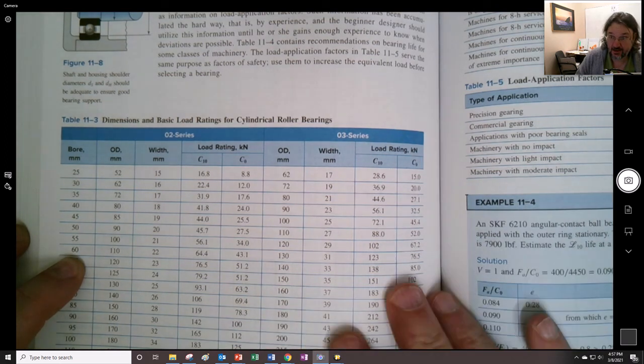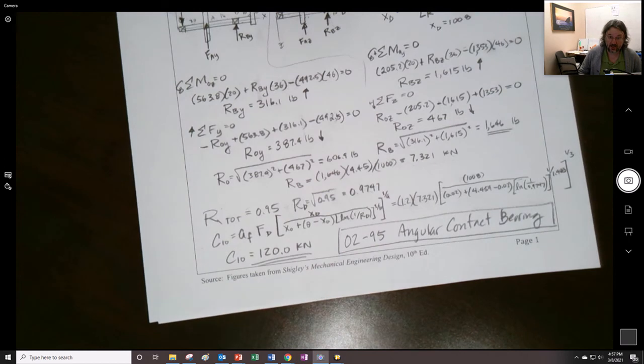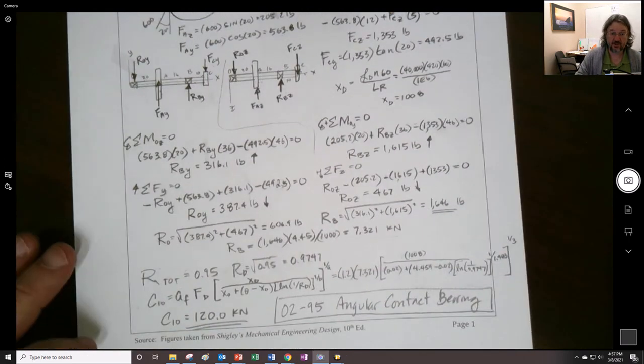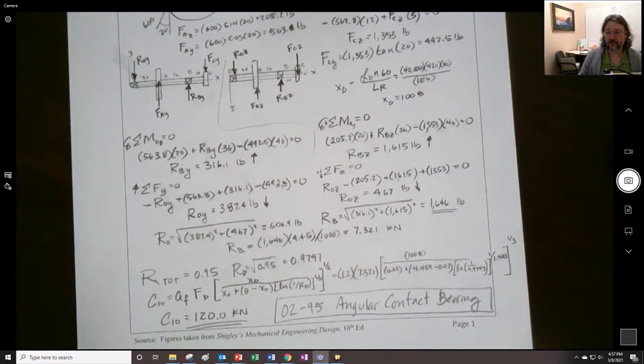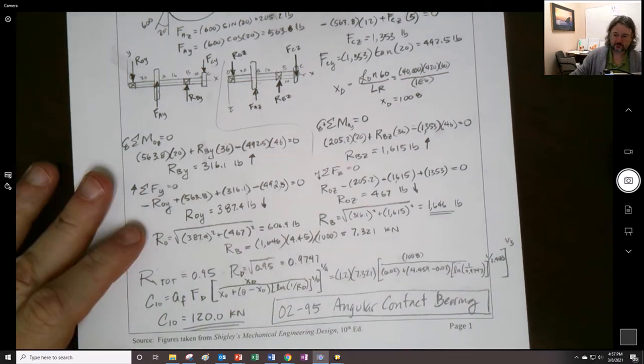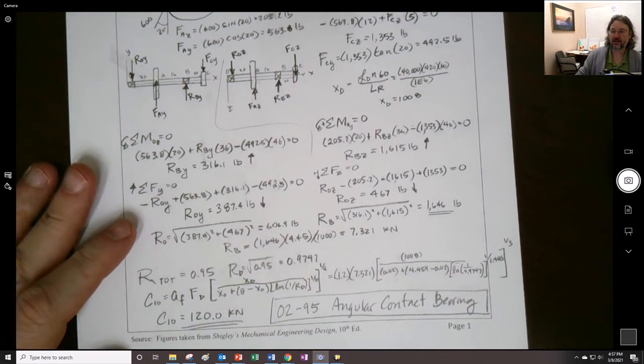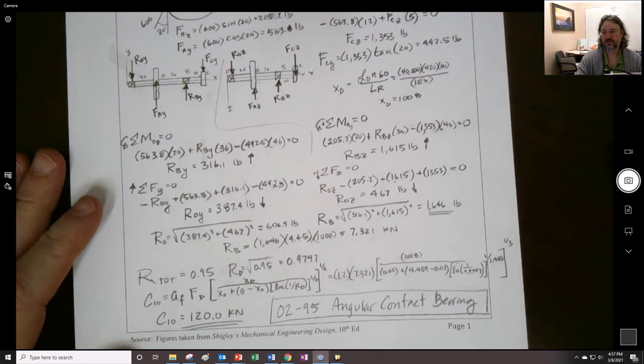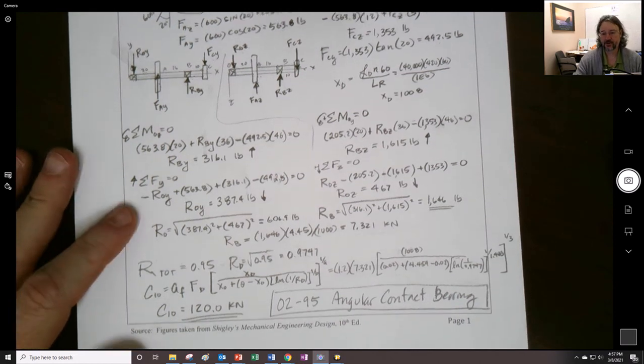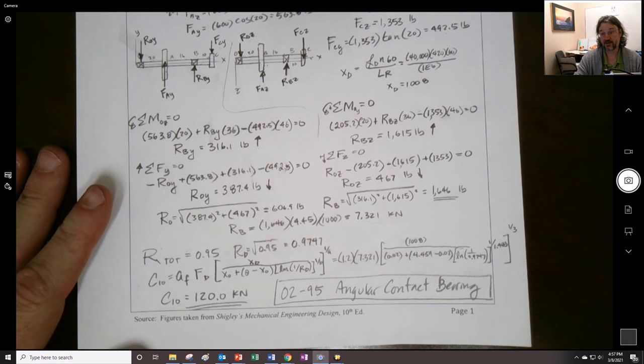And it doesn't handle any amount of thrust, which is what we're going to do with the rest of the class today: talking about how to account for thrust in a bearing, so that we can have both combination thrust and radial in the same bearing. Sometimes you'll have separate bearings for them, but not always.